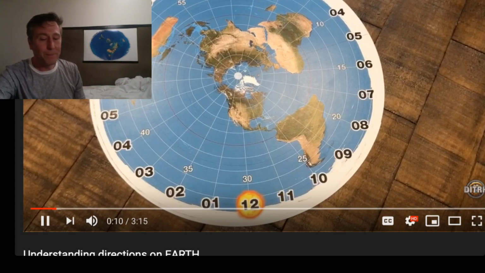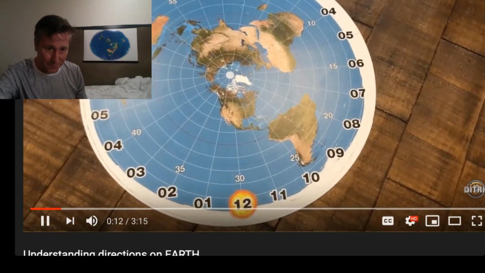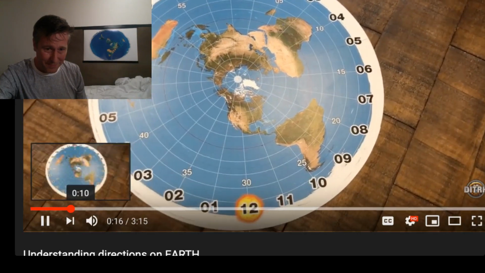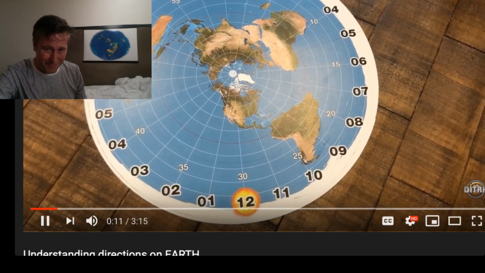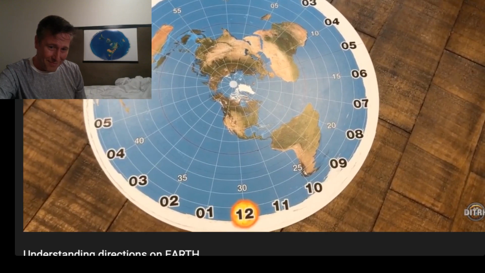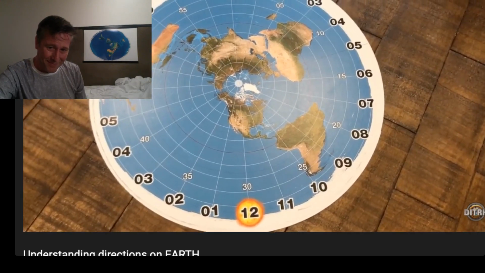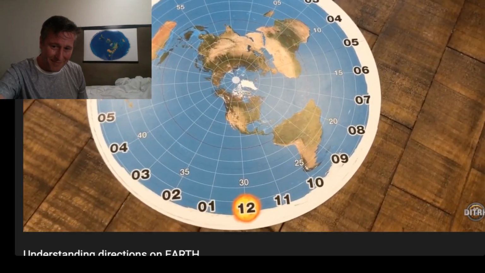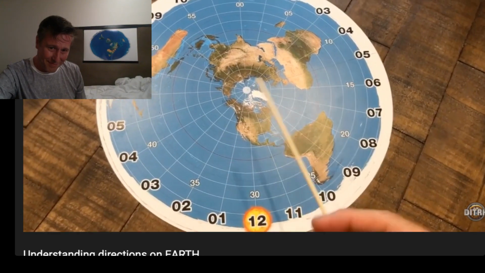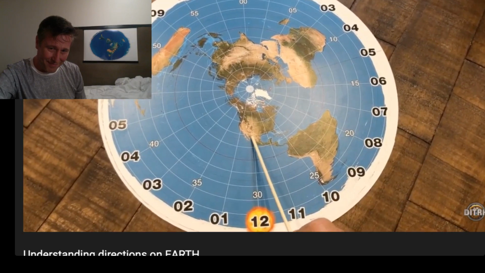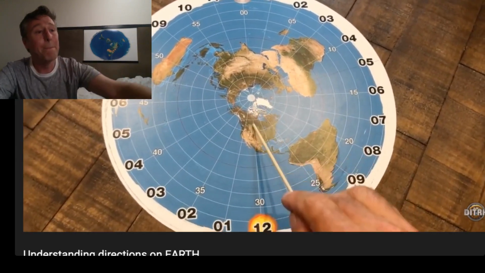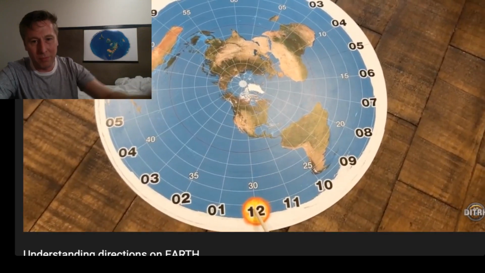The Sun, Moon, and Zodiac Clock app. Many flat Earth haters say that it puts the sun and the moon in the wrong position. So we'll start out showing that this map is set up for mountain time. It's 12 noon along this line of longitude.